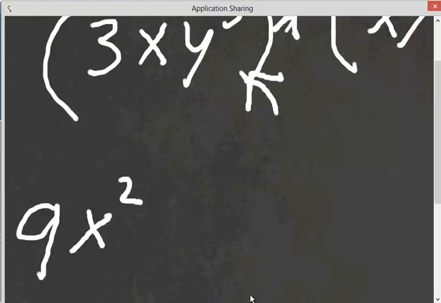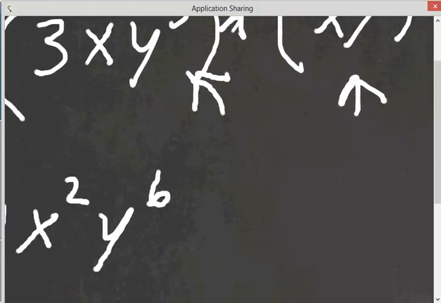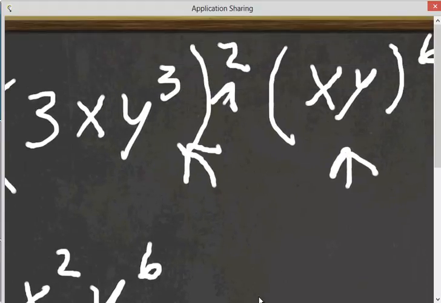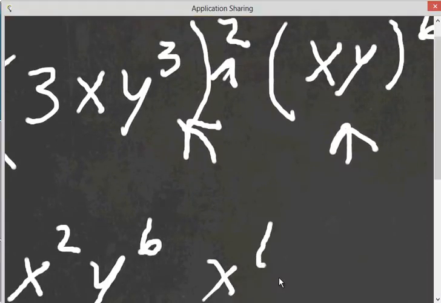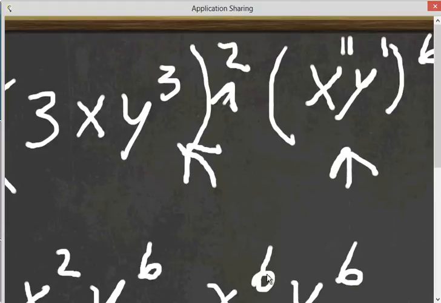And y cubed raised to the second power is 3 times 2, just 6, times what we get here, times x to the 6th, y to the 6th. Because again, these all imply an exponent of 1, and we're multiplying.